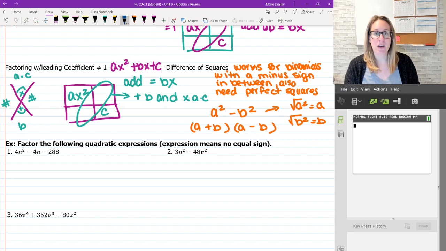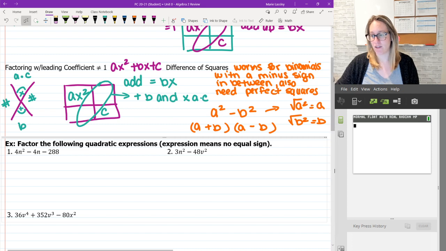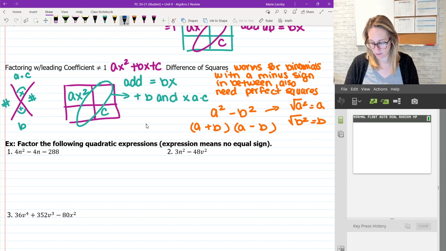Okay, so we look at number 1, and we have 4n squared minus 4n minus 288. Now, the first thing I notice is that we have a 4 and a 4. So I'm wondering if 288 is also divisible by 4, and let's see if it is. So let's go to our calculator. I've lost my mouse.